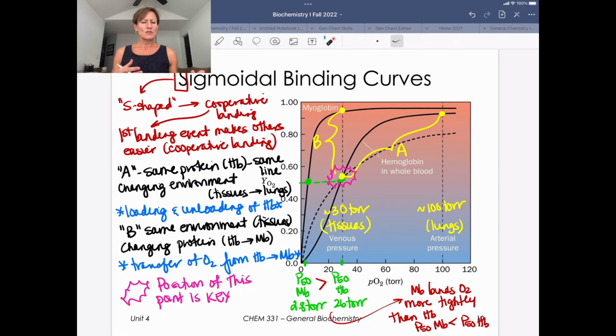What happens, for example, if you're exercising very vigorously and you're in a state of metabolic acidosis? Or what happens if you're in a high altitude environment? Or what happens if you do certain things that are going to affect where this point is? Okay, so we're going to talk about lots of examples of that as we apply and think about how we affect hemoglobin and myoglobin oxygen binding.